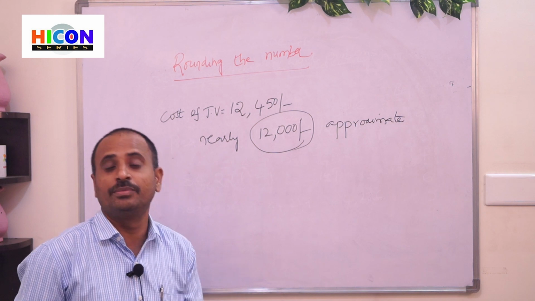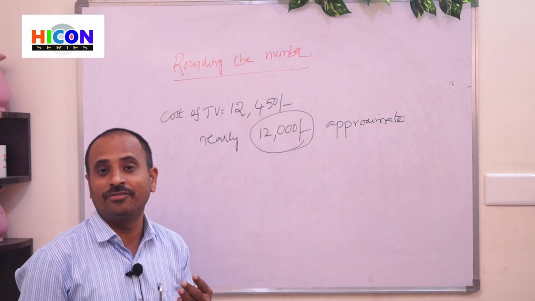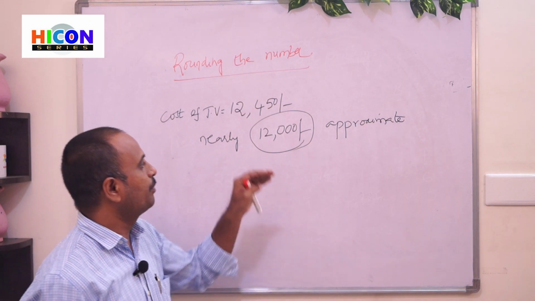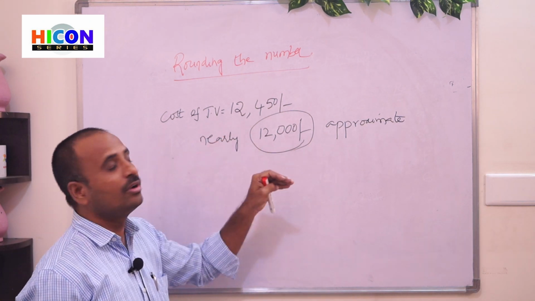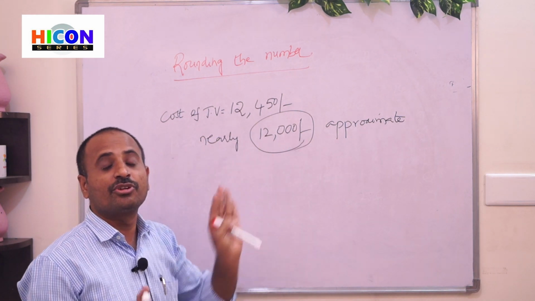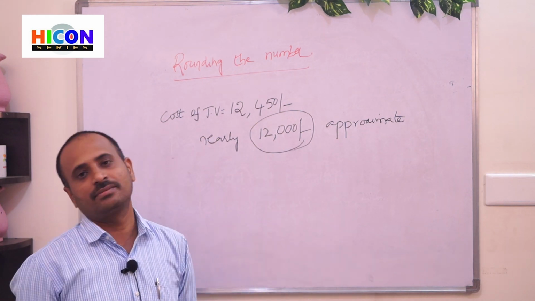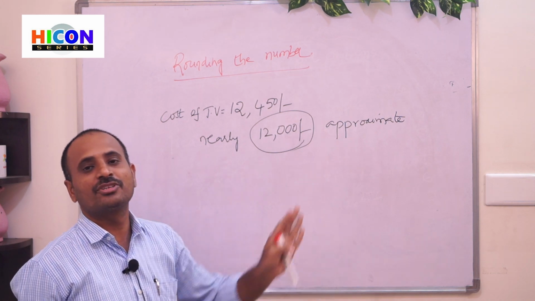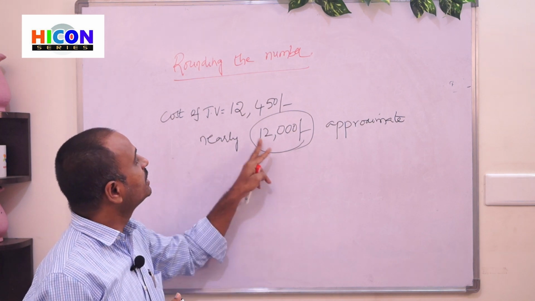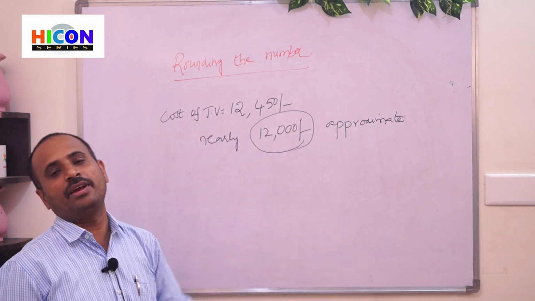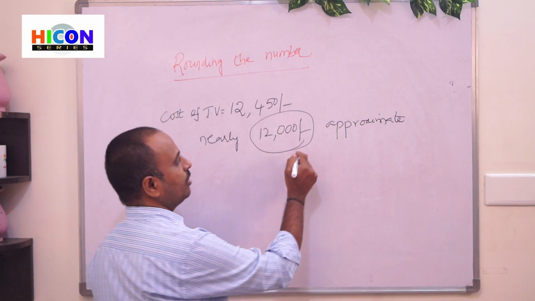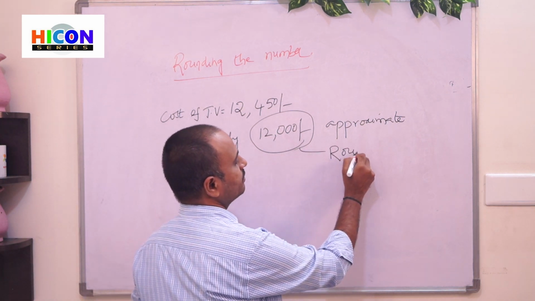This nearer value is called rounding the numbers. This approximate number is not the exact number, but it gives the number which is nearer to the exact value. So this number is called a rounded number, and this approximation is called rounding.